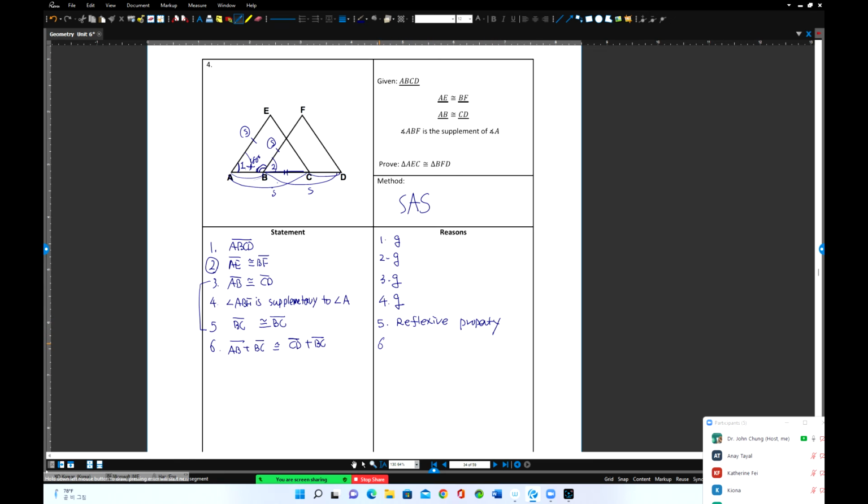And this one is addition. But this one, we're going to replace with AC, right? Because AC equals what? AB plus BC, isn't it? And also BD equals what? CD plus BC. BD equals BC plus CD, CD plus BC. That is the partition property.